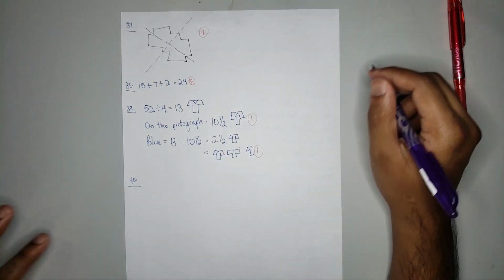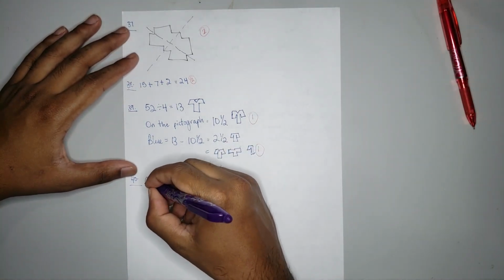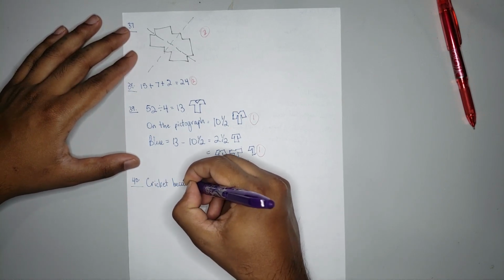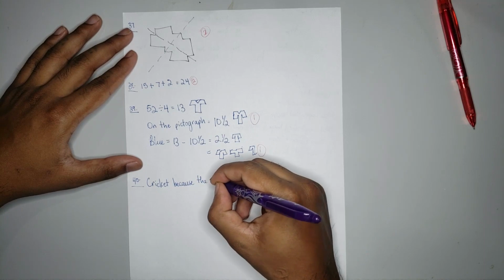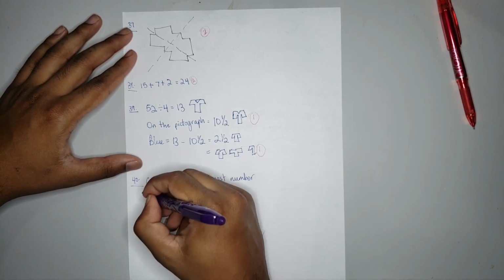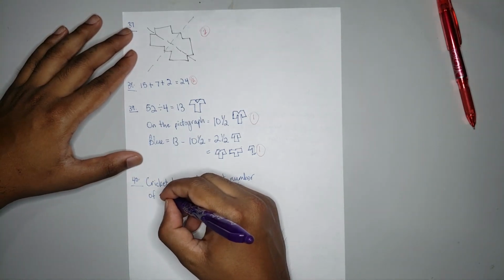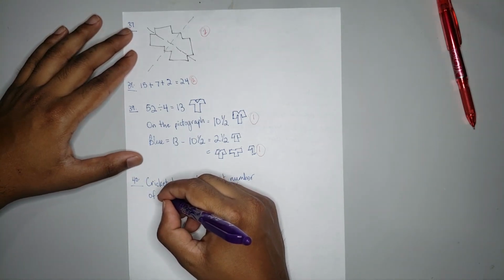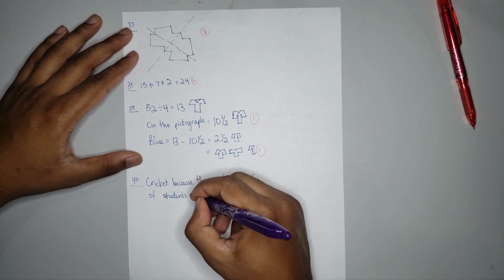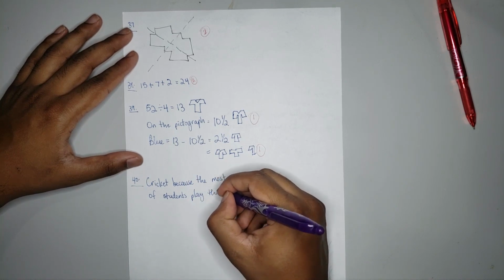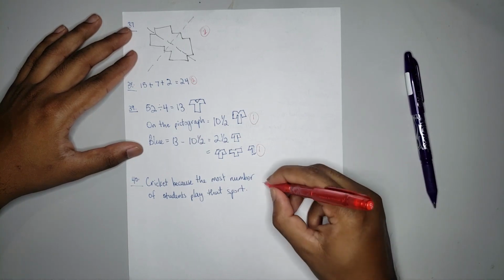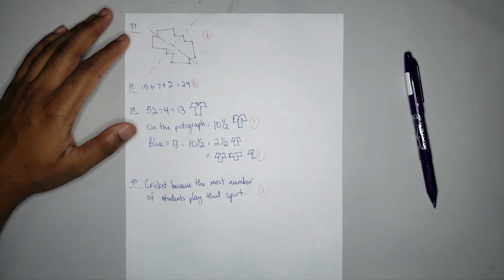Well, any sport with a reasonable answer works, but I will say cricket, because the most number of students play that sport. And you'll get your 3 marks once you have a sensible answer. And that's the end of section 2.